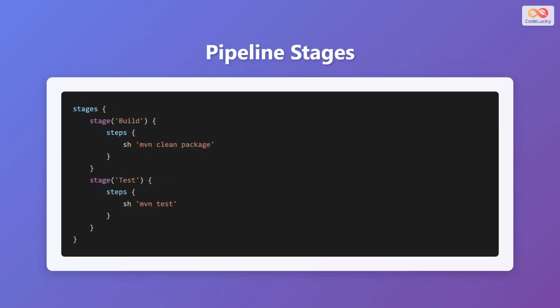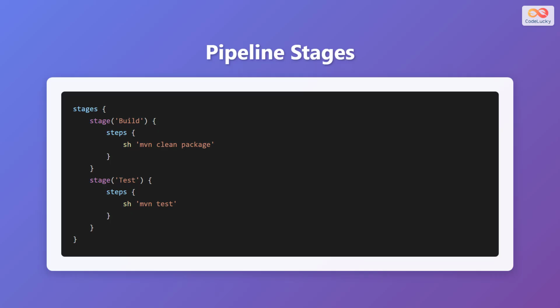Within your Jenkinsfile, define the actual build workflow using stages. The stages block contains individual stage definitions that represent logical steps in your pipeline. In this example, we have two stages, build and test. The build stage contains a steps block with a shell command that executes mvn clean package. This Maven command compiles your source code, runs unit tests, and packages the application into a deployable artifact like a JAR or WAR file.